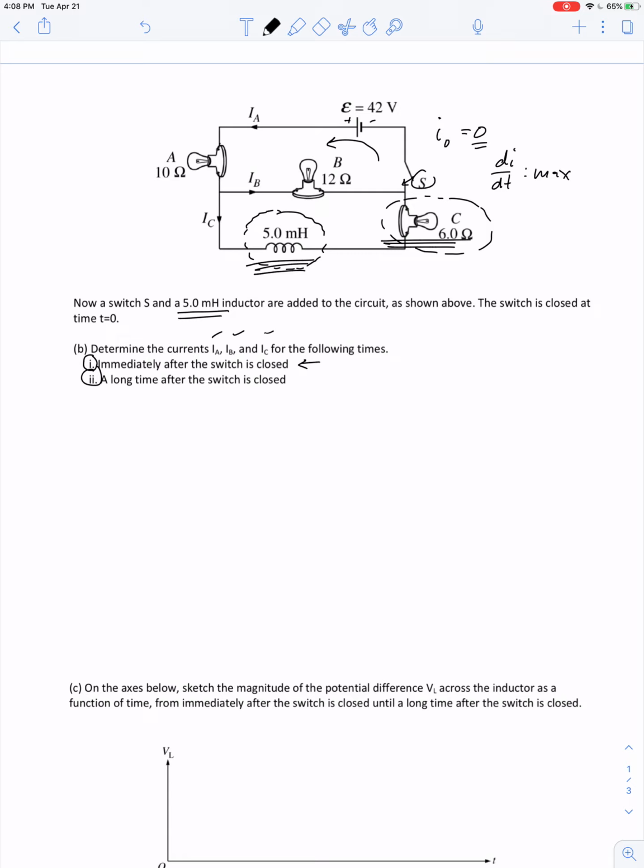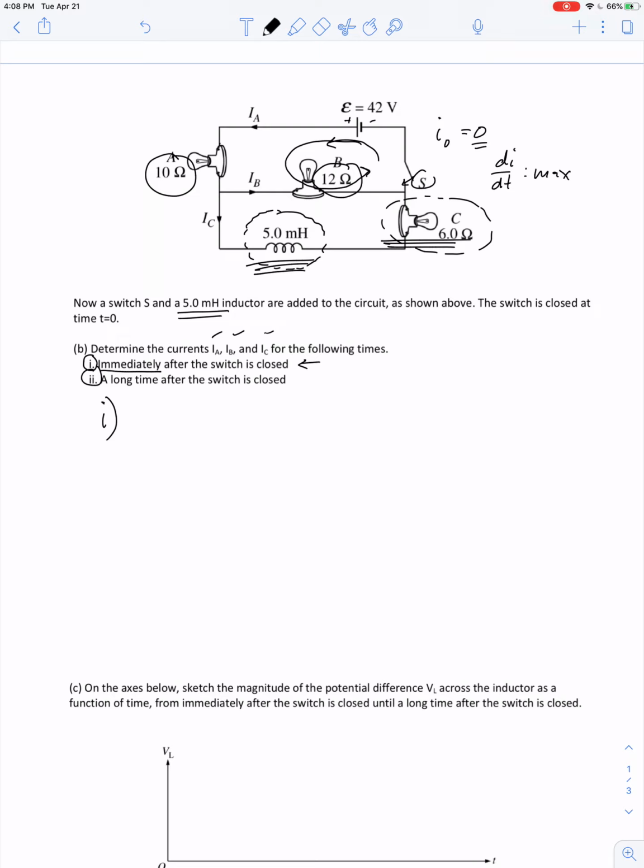And so current just flows through this upper loop that has 10 ohms of resistance in series with 12 ohms of resistance. So to answer this first question, what's the current immediately after the switch is closed?